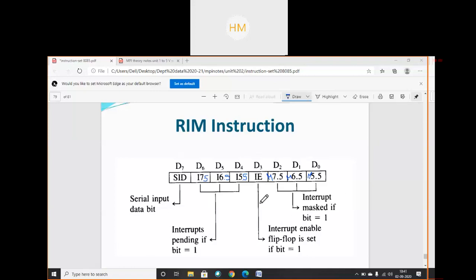So I have told you in the chat box, I have written: if the accumulator has 4B hex, and after that I wrote the RIM instruction, then what will be the contents of this 8-bit register?